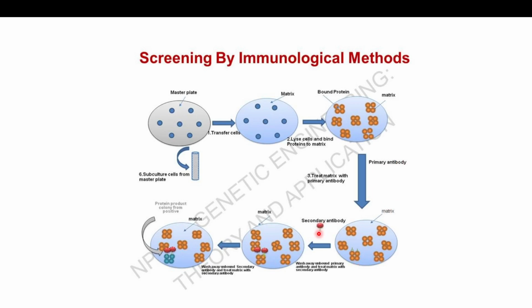That signal can be amplified using a secondary antibody, which can be labeled with a fluorophore or some kind of chemical or enzyme, which further participates in a chemical reaction to give rise to a fluorescent compound or luminescent molecule, so that we get a signal and understand this is the part where our protein of interest is present.